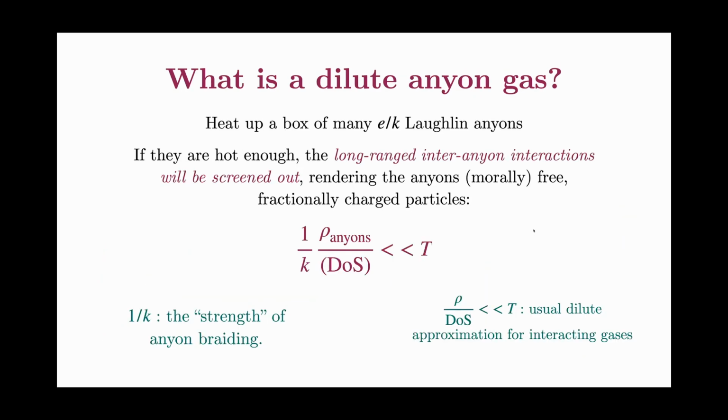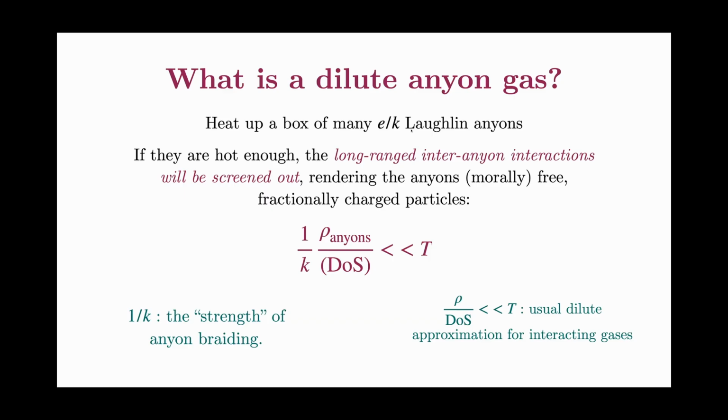So I've told you in lightning levels of detail what anyons are. Now, what do I mean by the dilute anyon gas? Say that I take a box of, say, e over 3s or e over k, where k is any odd integer. So these would be the elementary excitations of a Laughlin state.